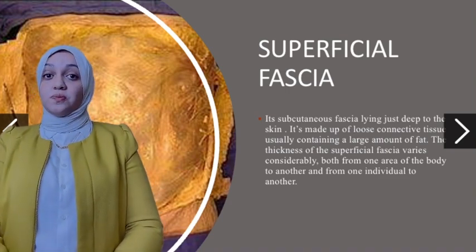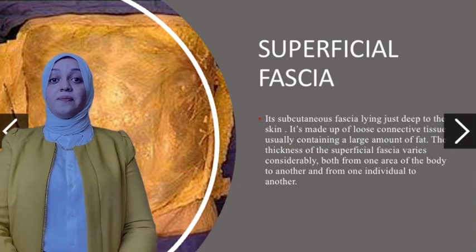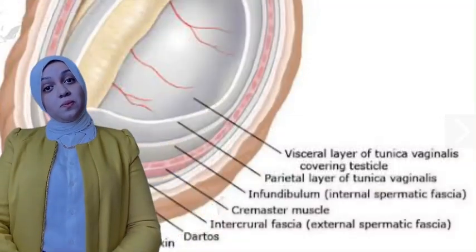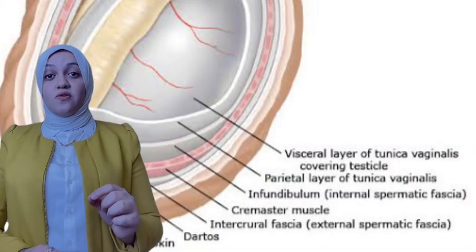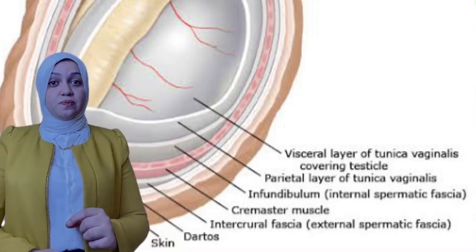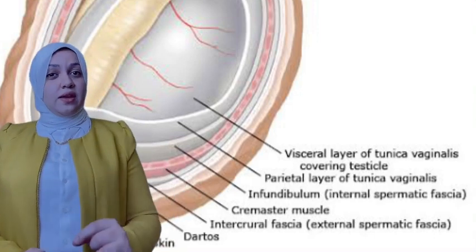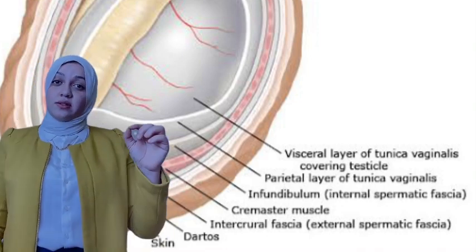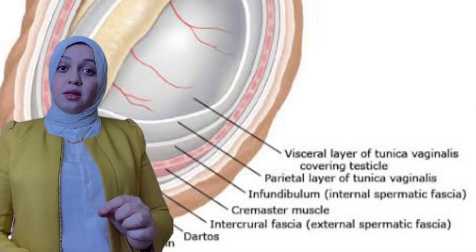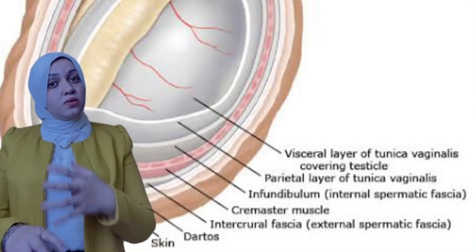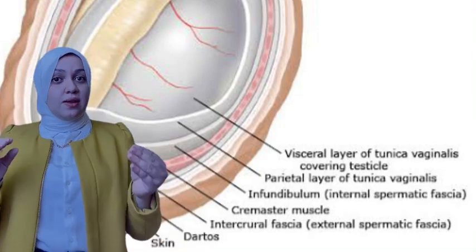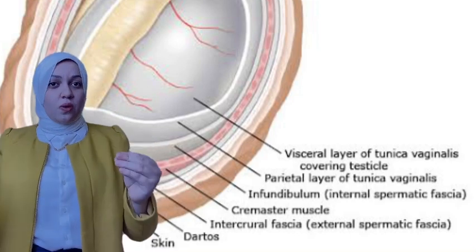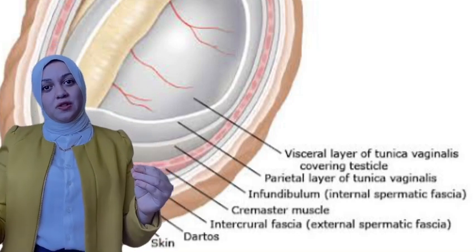Where else do you think? In the scrotum. The scrotum is devoid of superficial fascia. Why do you think that is? The scrotum is the site where the testicles migrate to be able to perform their function at a temperature that is lower than the body's temperature.